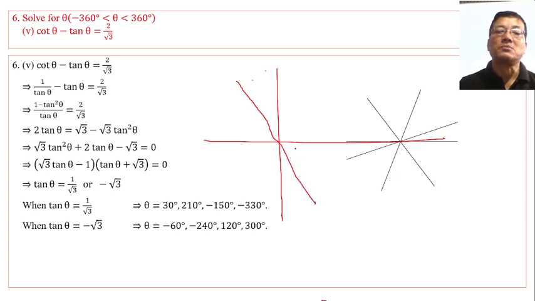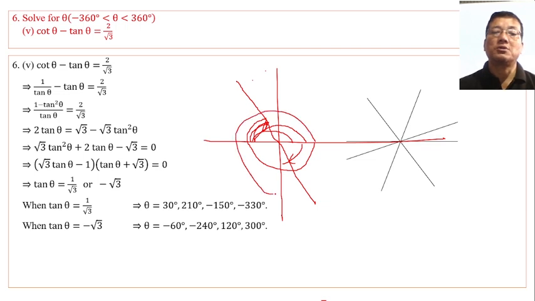Then from the 180 minus 60, then 240, minus 240, 180 plus 60 degree, 120 degree, or 360 minus 60.